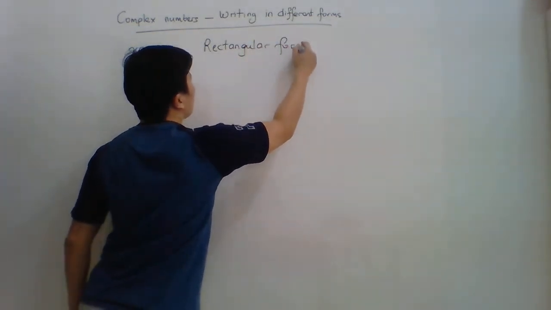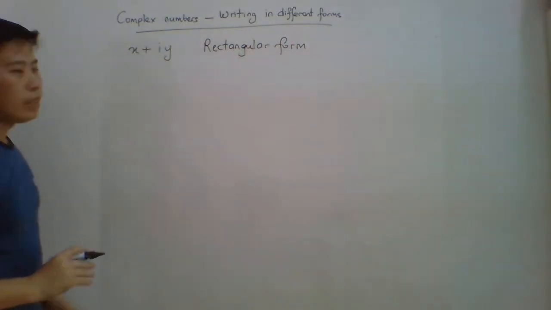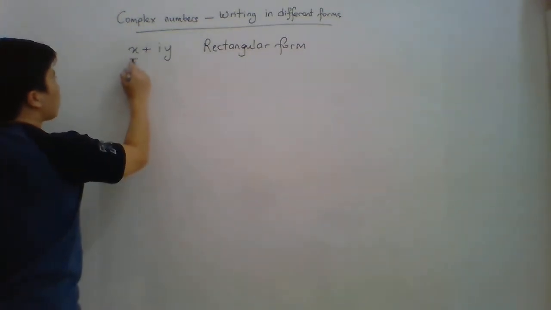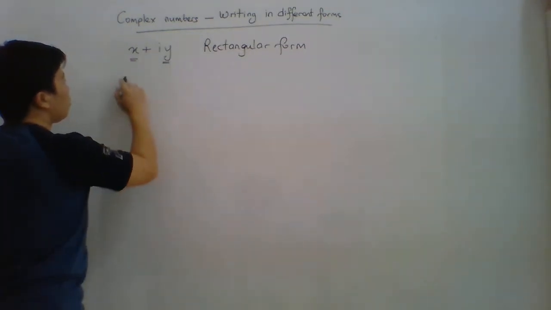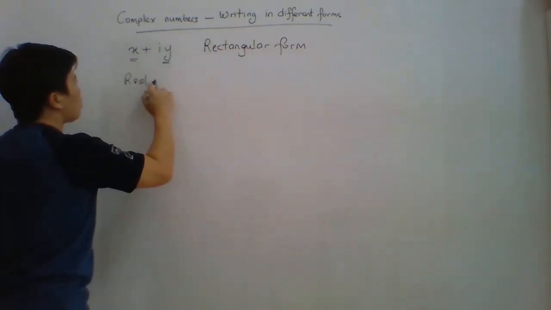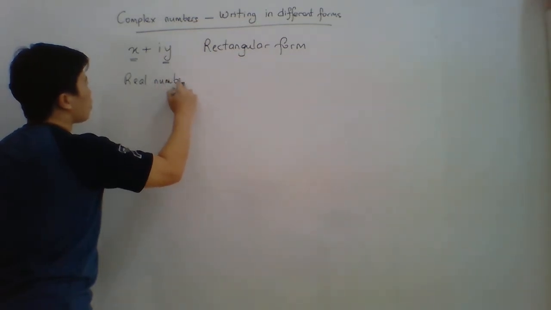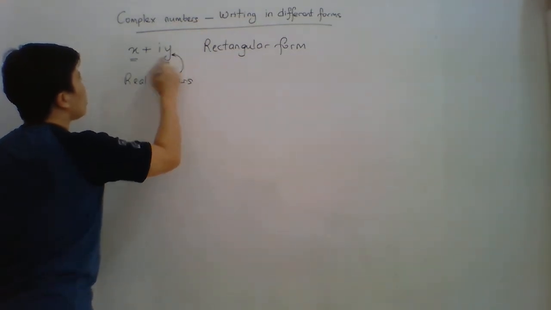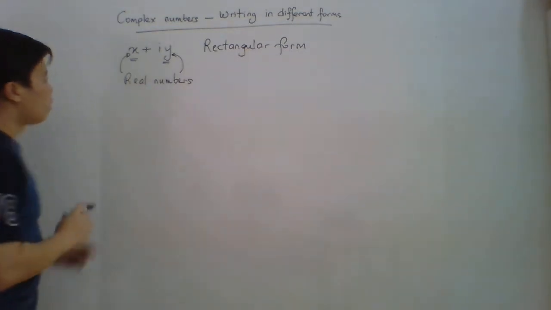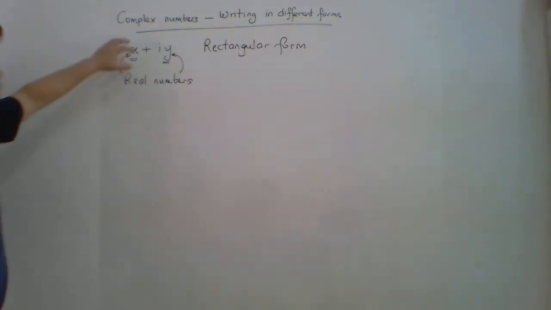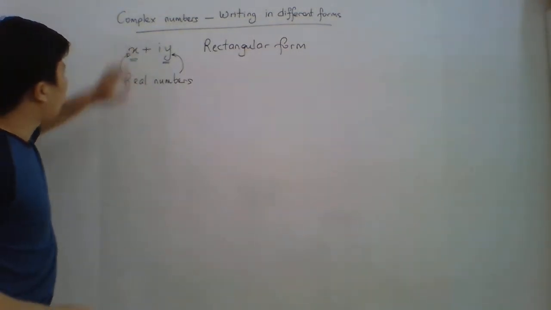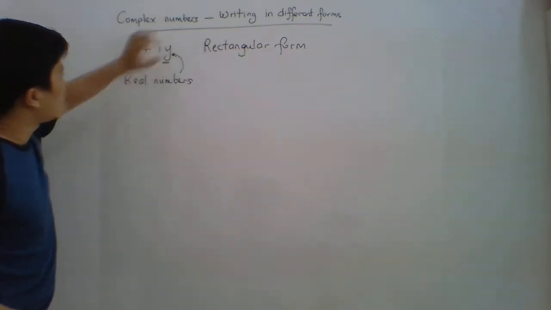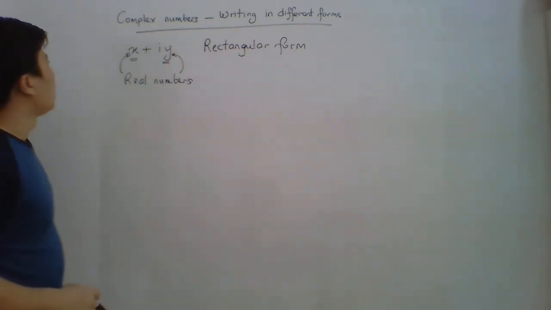So let me just write here, this is a rectangular form, and this is very important for us to note that x and y are real numbers. So these are real numbers. So this and this are real numbers. Okay, and x in this case is the real part, and this part is the imaginary part.